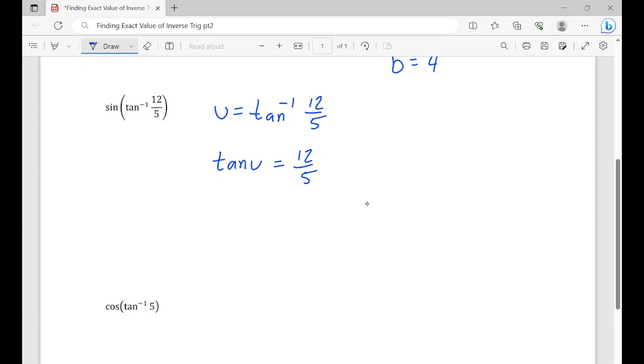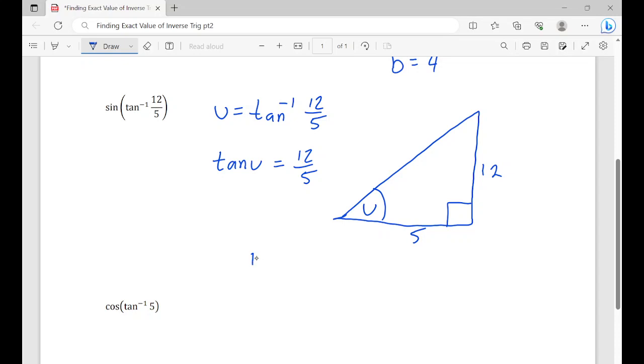Again, I can do a right triangle, u there. And I know that tangent is just opposite over adjacent. So 12 and 5.